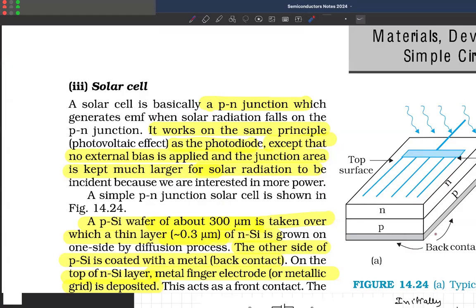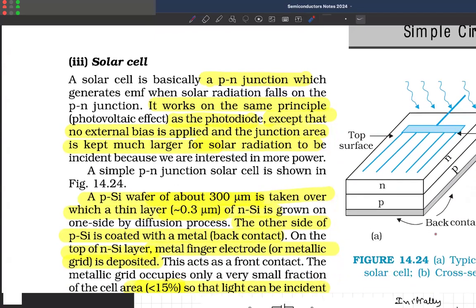What is happening in this case? When you are exposing this light, what will happen is, an electron hole pair is created, like what you have done in a photodiode. The electron hole pair created here, across the diode, this is the depletion region.